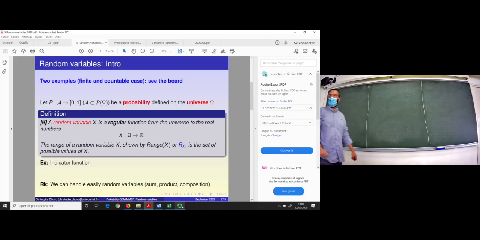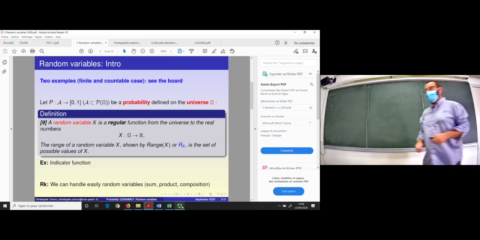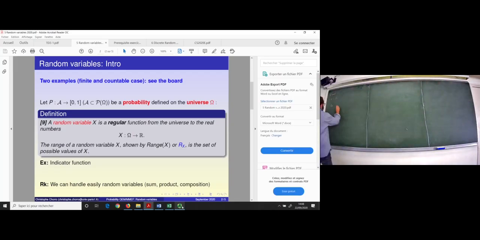The indicator function of A was a mapping from omega into 0, 1, such that it associates to any element omega, 1 if omega belongs to A, and 0 otherwise.